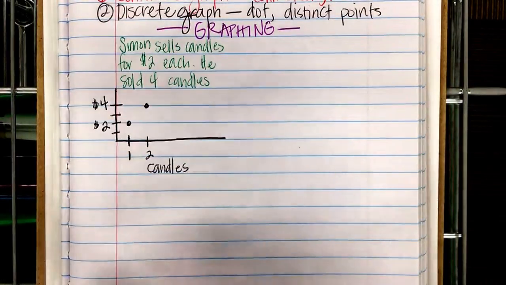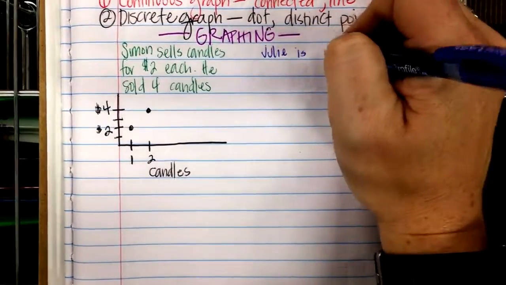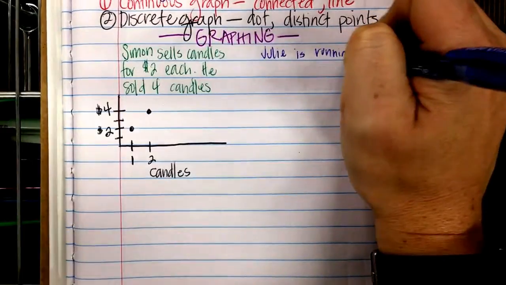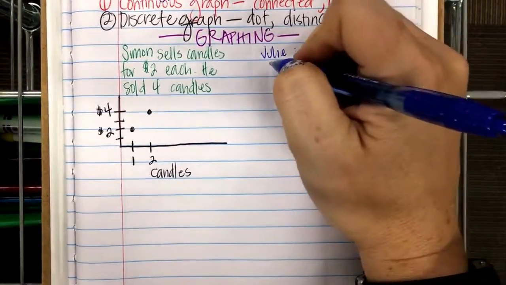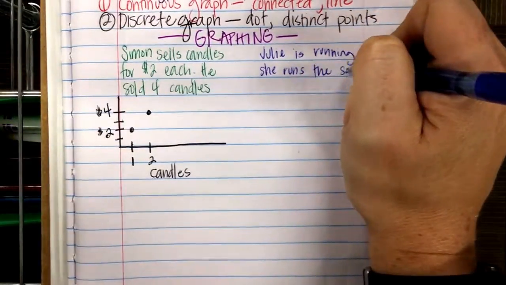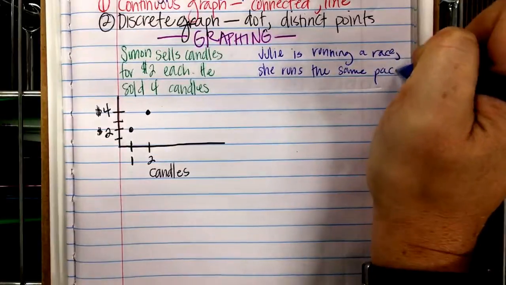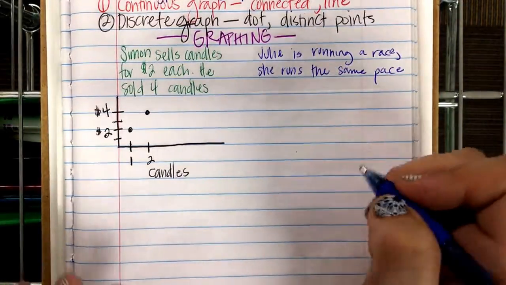What about this story? Julie is running a race. She runs the same pace for 4 minutes, whatever, right? I'm not putting a lot because you'll whine about writing all of this.